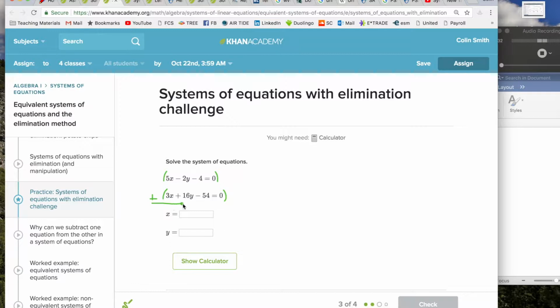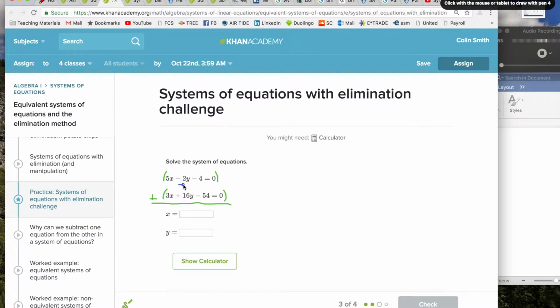So we're going to need to multiply one or both of these equations by a specific number, either positive or negative, to get one of our variables to be opposite of the other one and equal, so that we can add them together and cancel out.